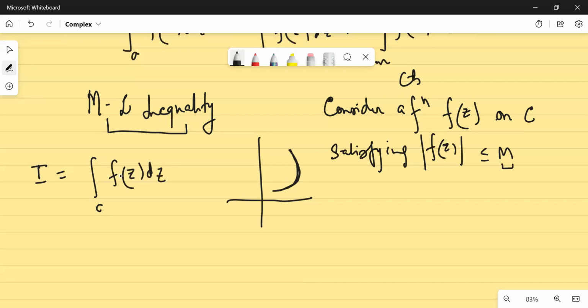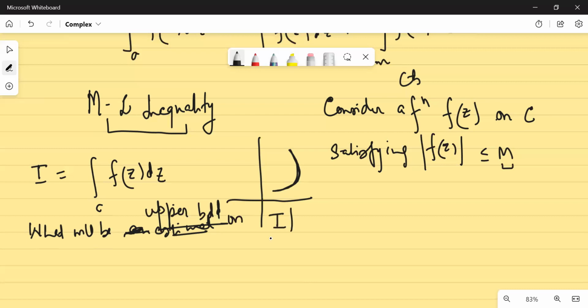Then the question is, what will be an estimate, or you can say the upper bound, of the absolute value of this integral?